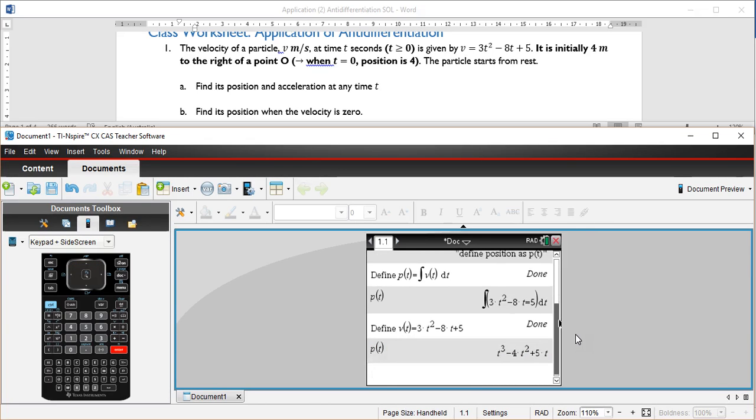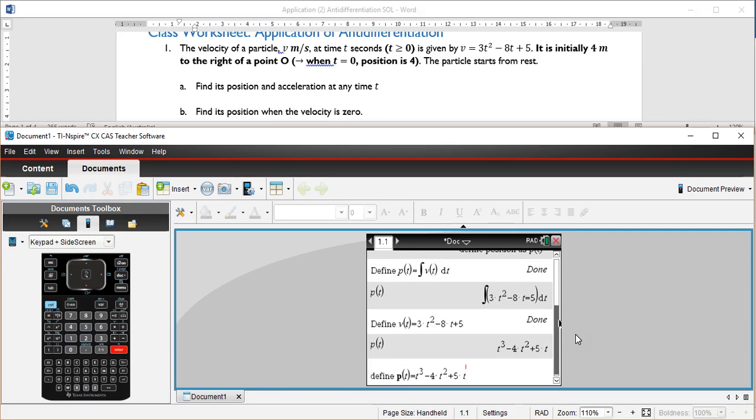Another issue with using anti-differentiation in the CAS is that it doesn't actually add c next to it. So you might have to redefine. If you want to do everything in the CAS, well, you don't actually have to redefine. Equals to, let's go with that, and then I'm going to add plus c next to it.